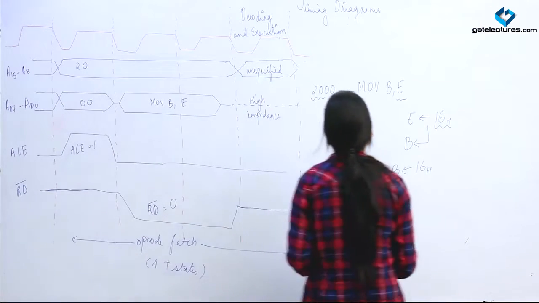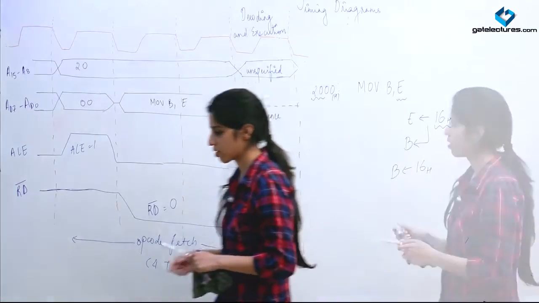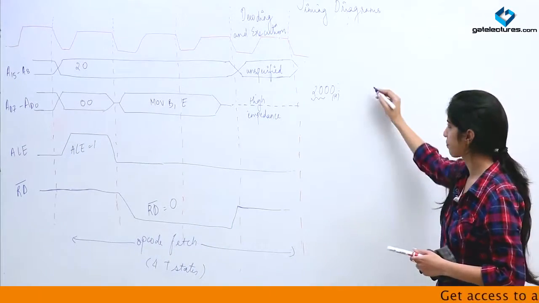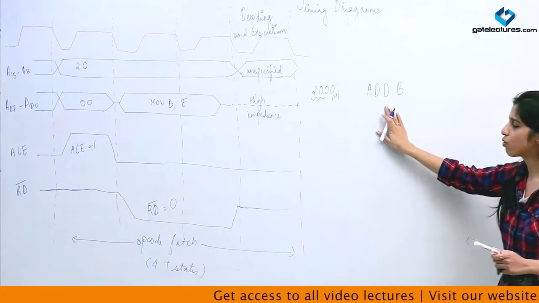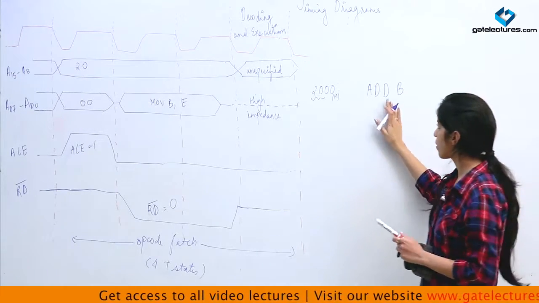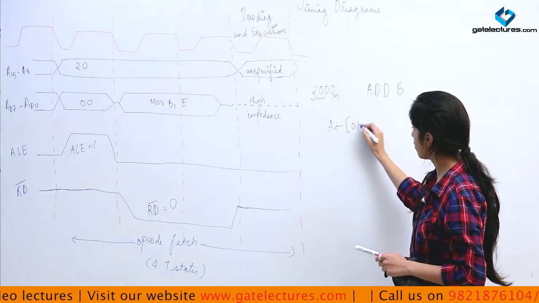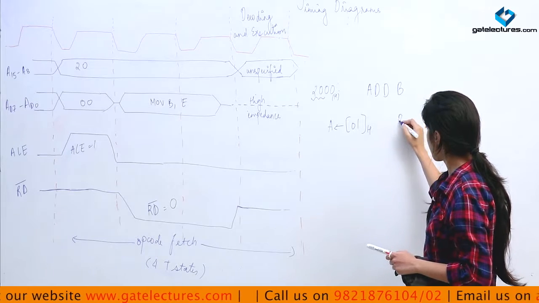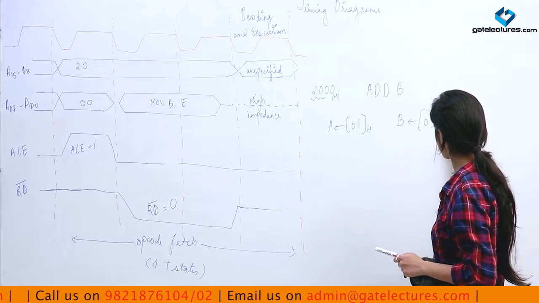Suppose we have some other operation. Let us assume we have gotten instruction ADD B. First, just look at what this instruction is going to do. Suppose the contents of accumulator were 01H and contents of register B were 05H.